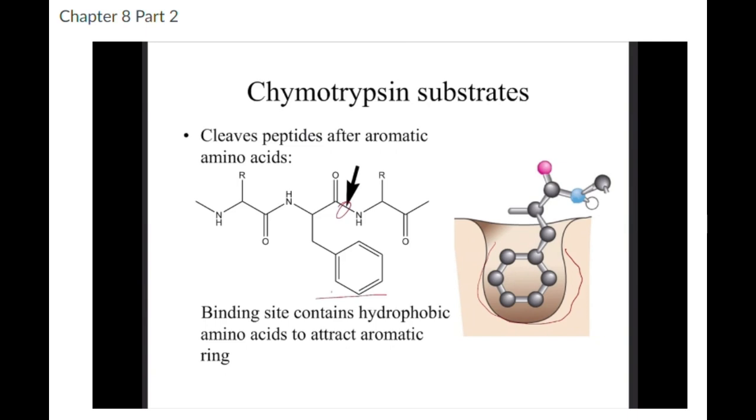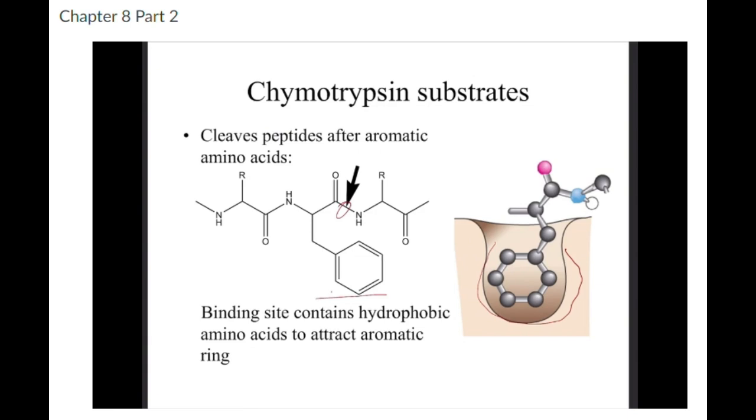It doesn't accommodate things like serine, because serine flops around too much in that site. Same with alanine. Alanine has a relatively small R group. Although it's hydrophobic, it doesn't form the interactions that are needed to get the right orientation for catalysis to occur. There are a variety of serine proteases that have other binding sites that make them specific for other amino acids.